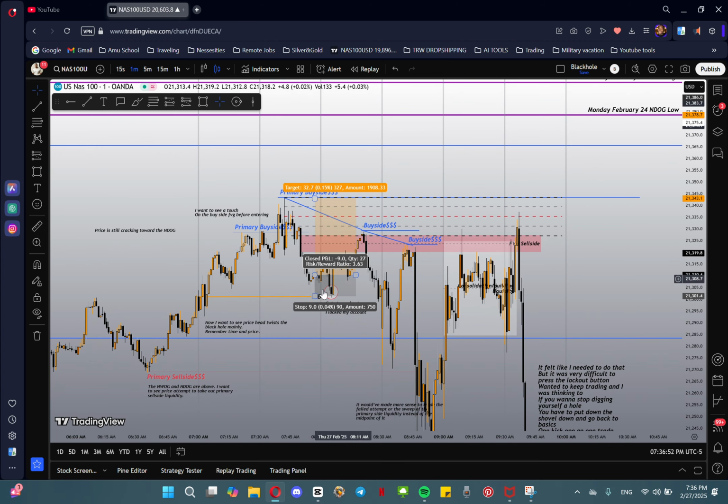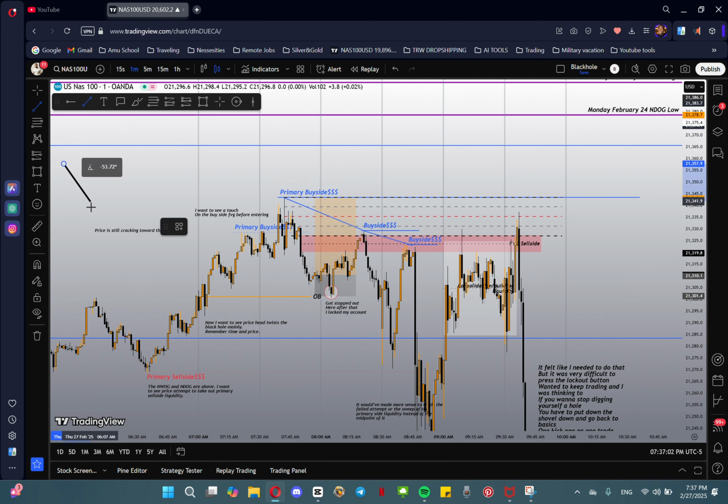And if it wants to go up there, it has to keep sweeping out sell side liquidity to really explode up there. That's how it works. So I wanted to see some type of rejection.